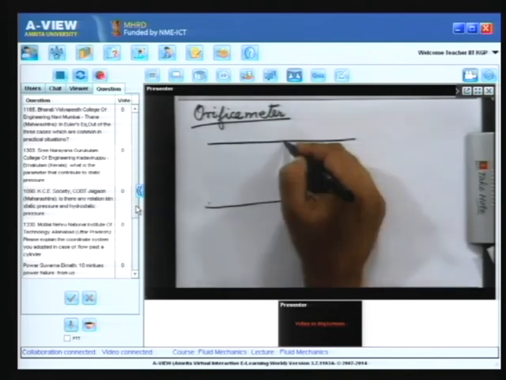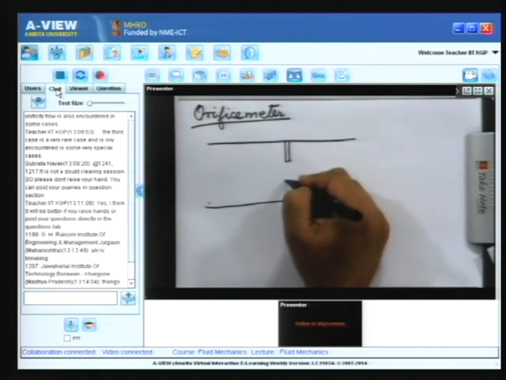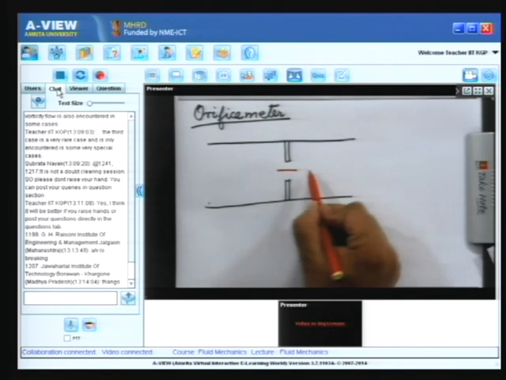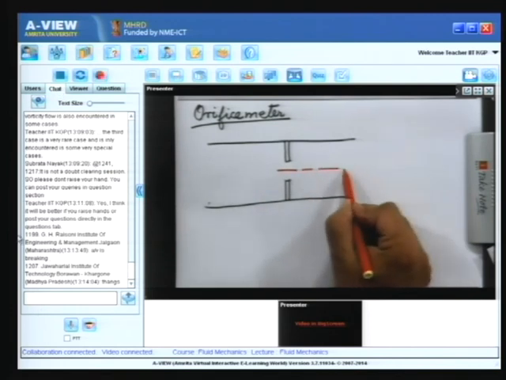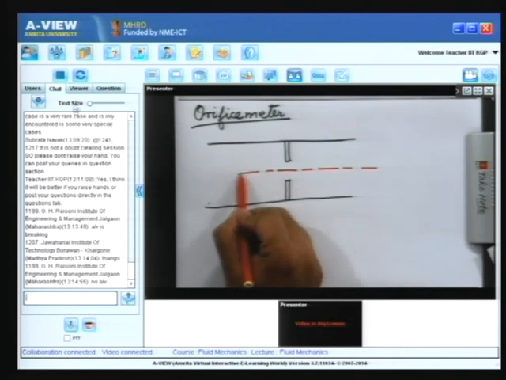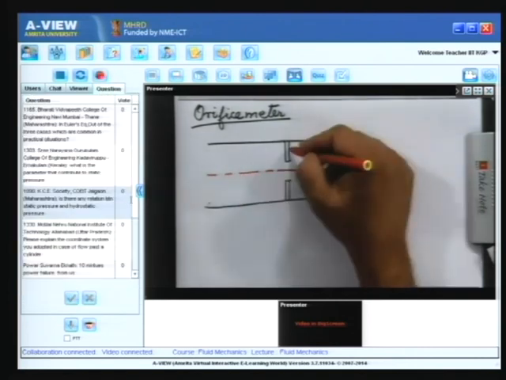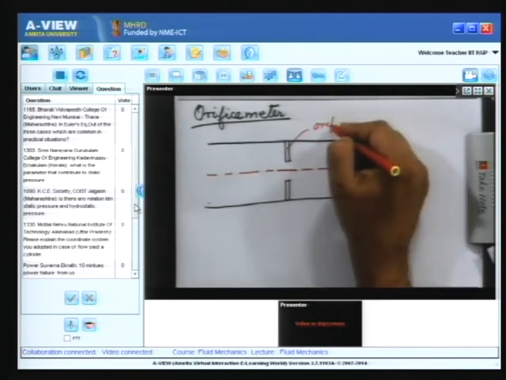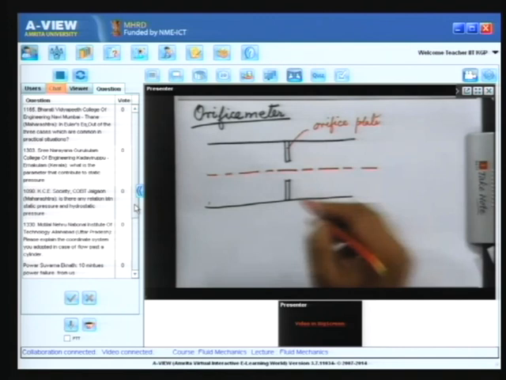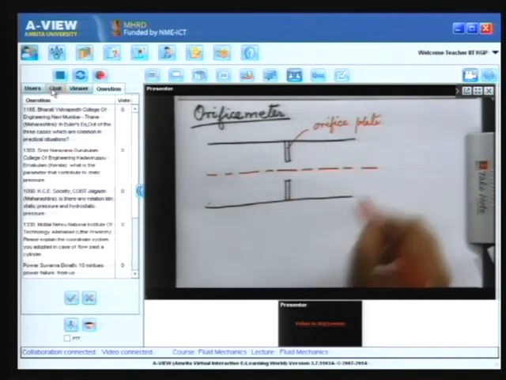You have what is called an orifice plate, so if it is a circular duct, then I should show the center line. So, this is what you call the orifice plate. It is a circular plate with a circular hole at the center.